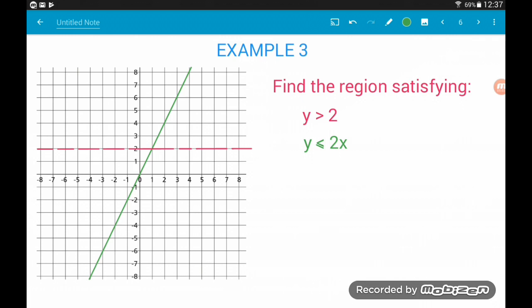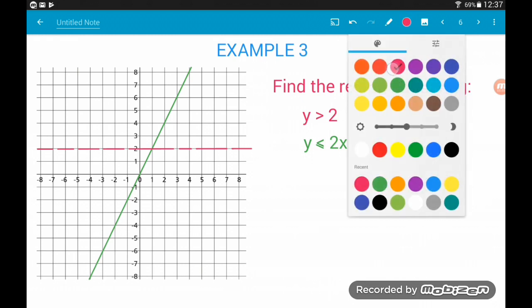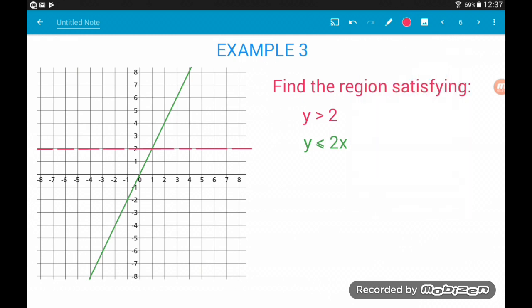Okay, example 3. Now we're getting two inequalities involved. We want to find the region satisfying y is greater than 2, but y is less than or equal to 2x. So let's rule out the regions bit by bit. We need y to be greater than 2.